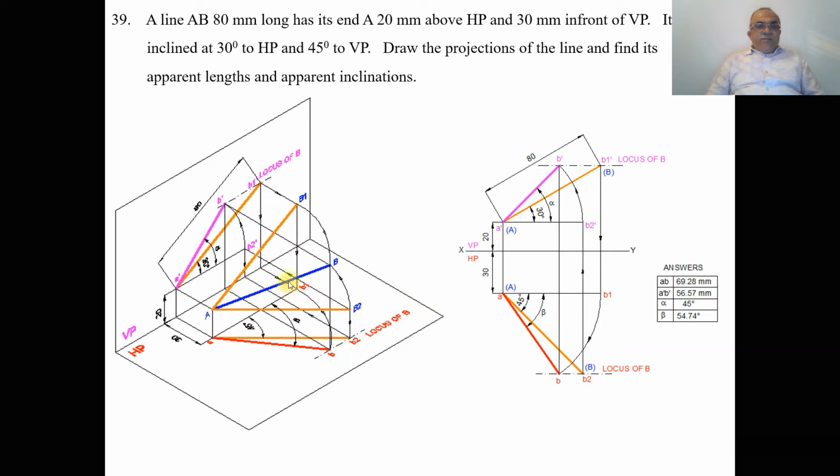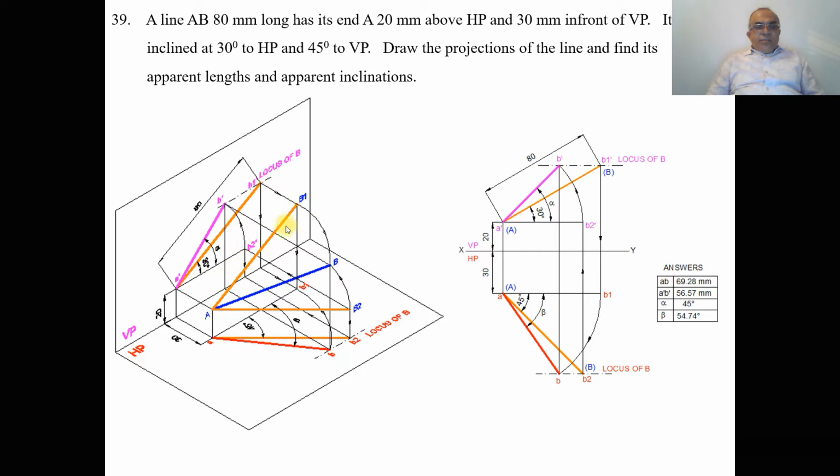The inclination of the line with respect to HP is seen in the vertical plane. When you look from the front view, that image will fall on the vertical plane. We can see a dash b1 dash, the length of the line is 80, and the inclination made by that is 30 degrees to HP.